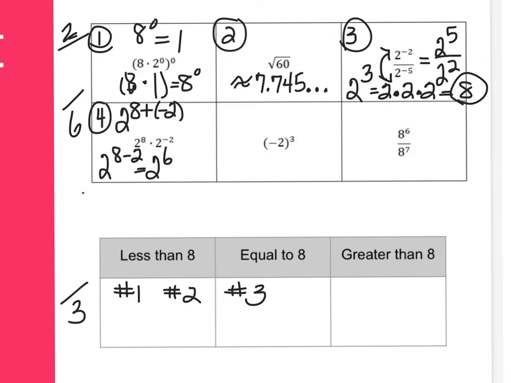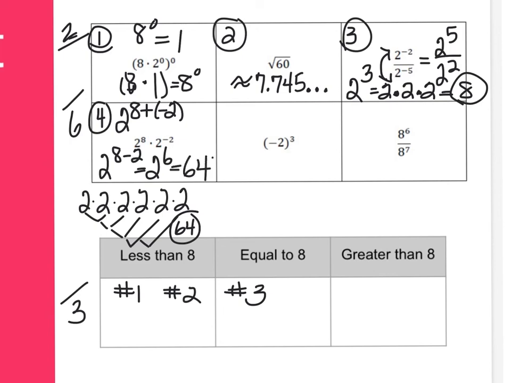So 2 times 2 times 2 times 2 times 2 times 2. This is 4, that's 8, 16, 32, 64. This one equals 64. That's greater than 8, so I'm going to go ahead and put number 4 over there in that bin.